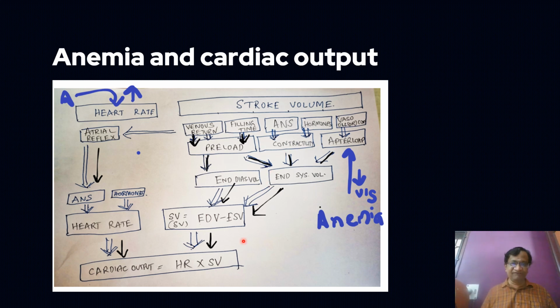This decreased afterload, automatically, your bicycle is running downhill, the cardiac output will increase. So these are the two things which happen in anemia. You increase the heart rate and your afterload is decreased. So all these things, if severe, are going to cause high output cardiac failure.